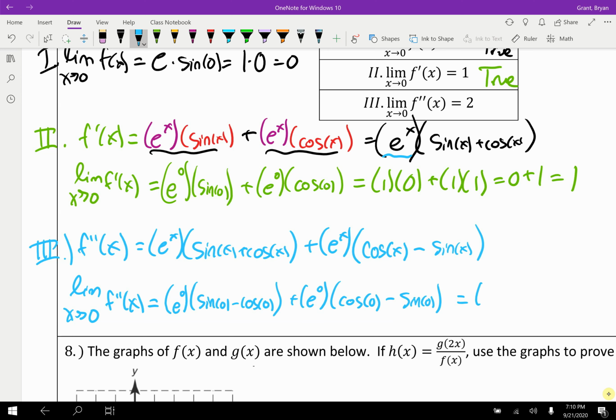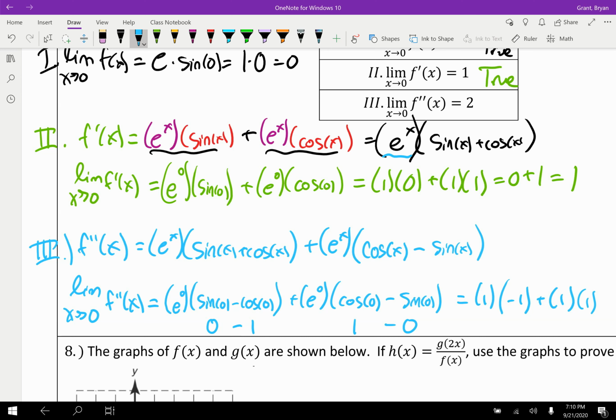We end up with 1 times, let's see, sine of 0 is 0 minus 1. That's going to be negative 1. Plus e to the 0 is 1. And then cosine of 0 is 1 minus 0. That's also 1. Okay? And then I'm looking at negative 1 plus 1.